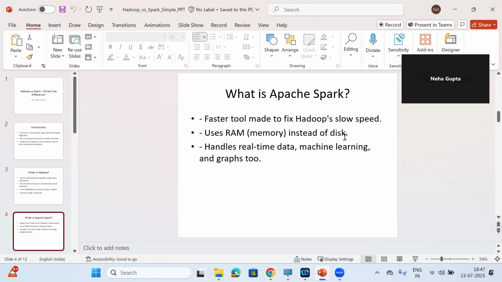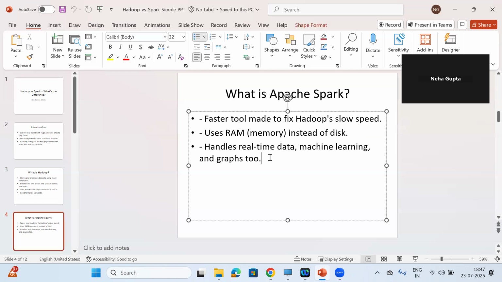So we store the data permanently on the disk, but for processing, it is temporarily stored in RAM. It processes the data faster, and again stores the data on disk. Spark uses RAM instead of disk, and handles real-time data, machine learning, and graphs too. In Spark we can handle real-time data, but in Hadoop we can't handle real-time data, ML, and graphs.